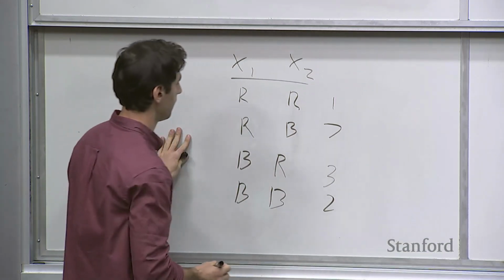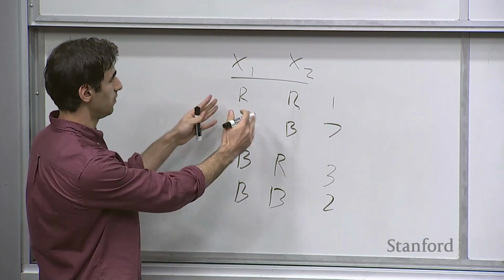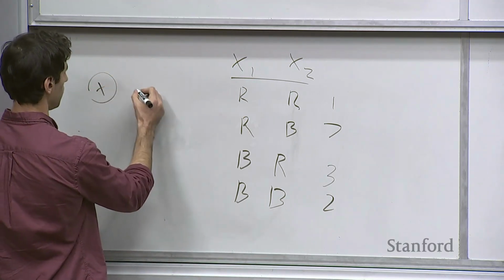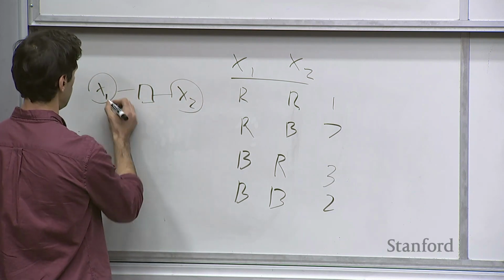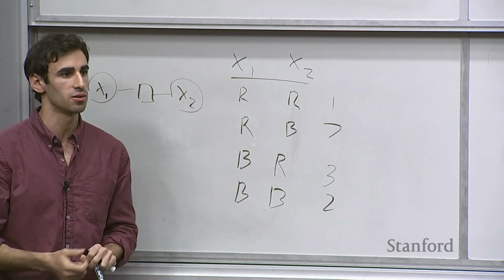OK, so we're saying x1 and x2 are connected to each other with a factor, right? But what if I say x2 is definitely blue?